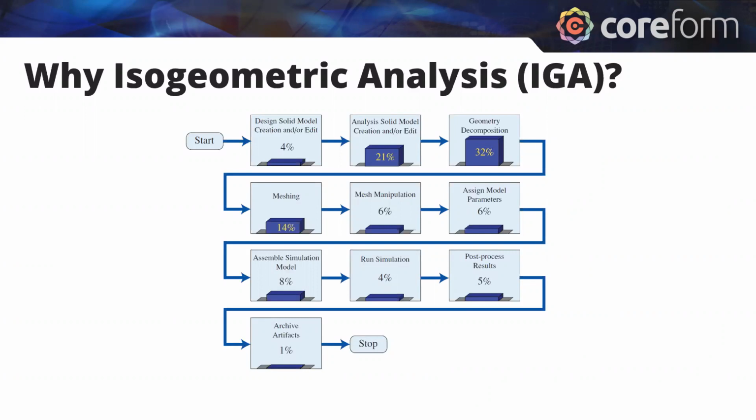This is a flow chart from a study from Sandia National Labs in the early 2000s that many of you may have seen before. If you haven't, and you're an FEA analyst or a simulation analyst, you definitely have felt this, where in your workflow, the simulations actually end up taking a fairly short amount of time in the overall time to your solution.